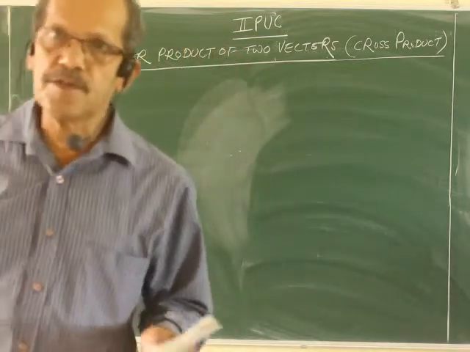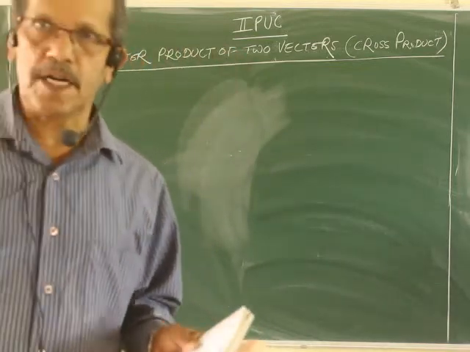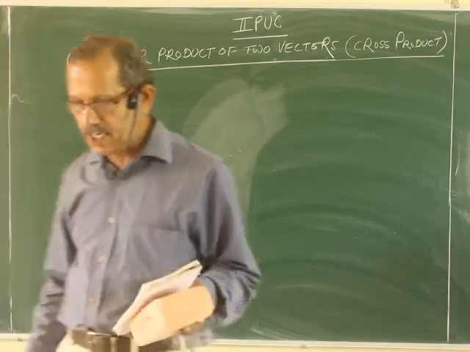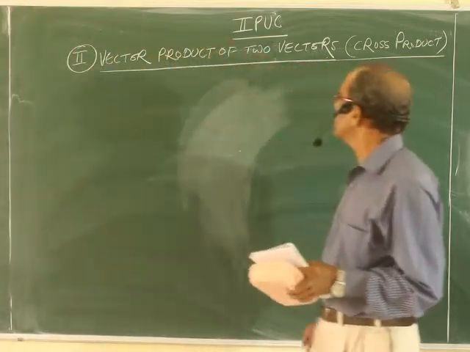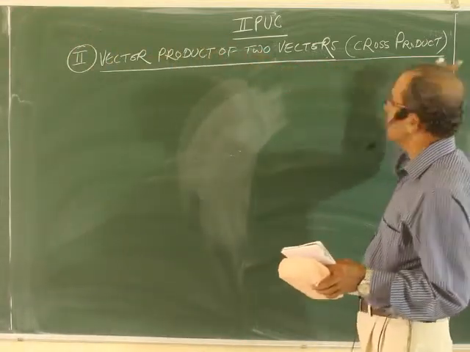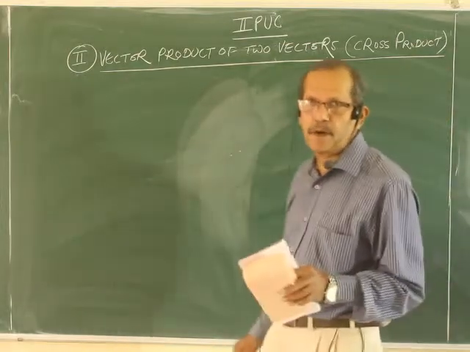Scalar product of two vectors, or dot product, was the previous one. Here the second one is the vector product of two vectors, or cross product, entirely different from the previous one.